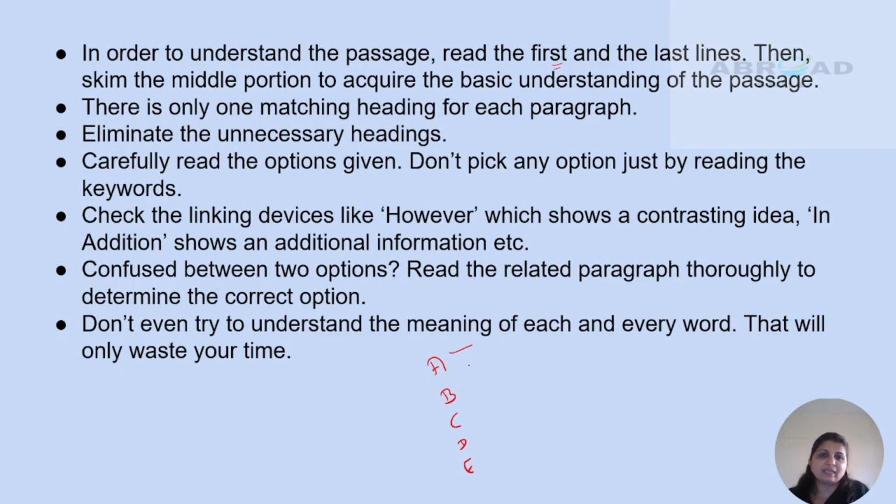Read the initial line and the last line, so you will get the crux, as in what this paragraph is talking about. This will help you to eliminate the unnecessary headings and options, and reduce to the option which fits. Here the linking devices will help you to correlate the correct answer.